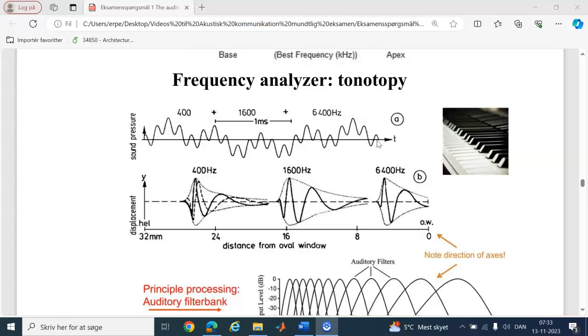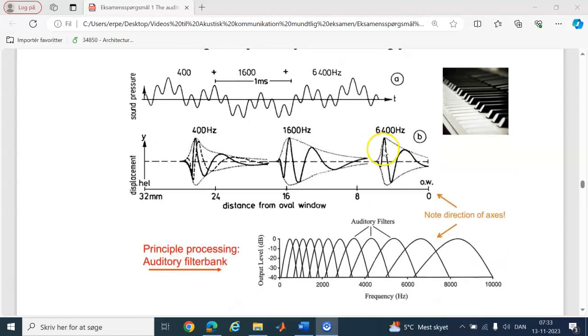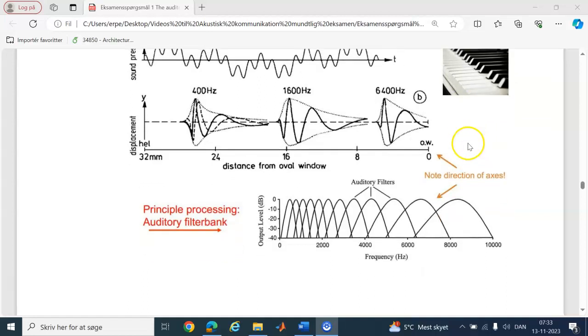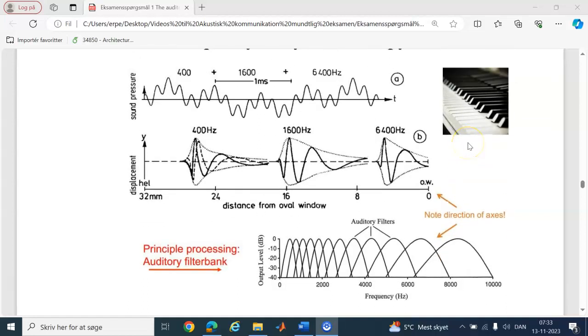The high frequencies are at the base, near the oval window, where the basilar membrane is narrow, and the low frequencies are near the apex.